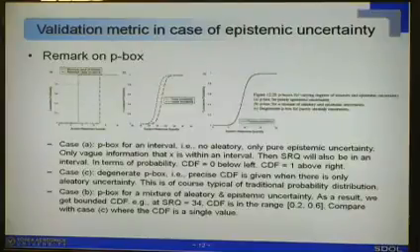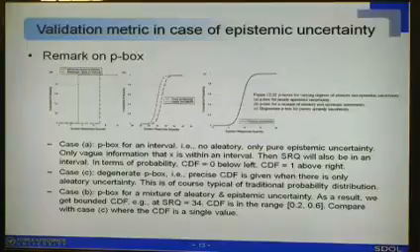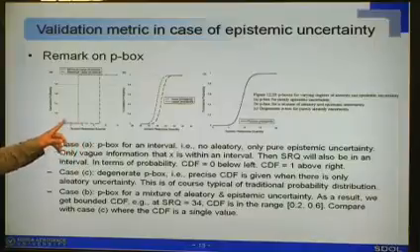So here are some remarks on the P-box using three different cases. The first case is when we have only epistemic uncertainty. In that case, we get a result like this, literally a box. Below this value, we have 0 probability.